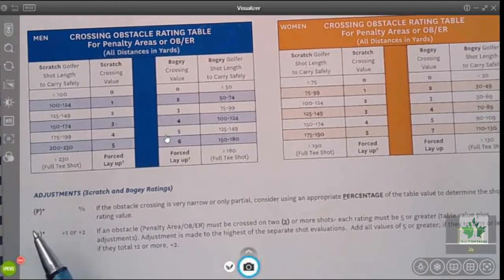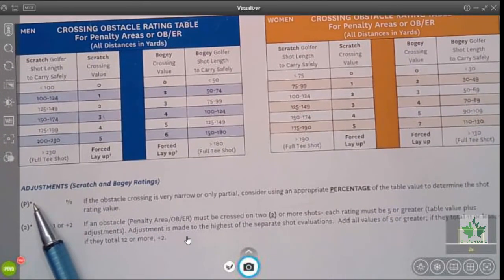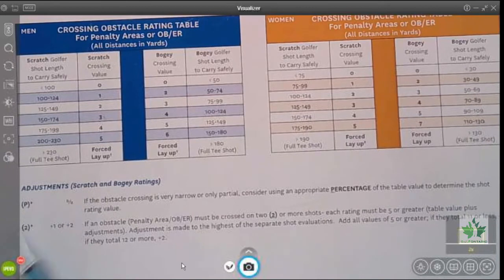And the one thing that they've asked us to do is give special weight to this notion of partial, the percentage adjustments. Now, it's not as prevalent here. Here, it comes into play two ways. If it's very narrow or only partial, you'll see this sometimes when you have a body of water in front of a green and it's just off to the side, and half of the pin positions you'll have to cross the water to get to, and the other half you won't have to cross the water.